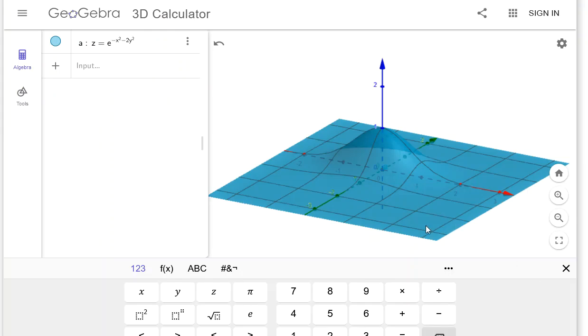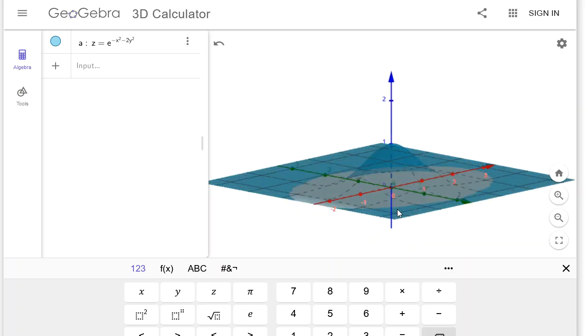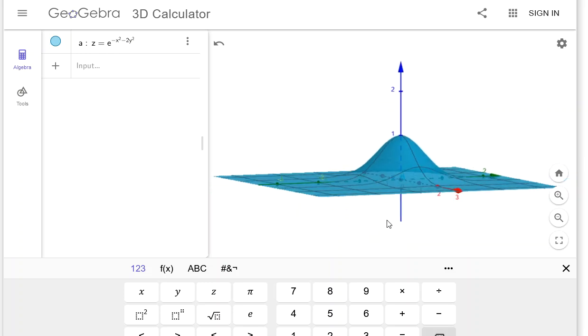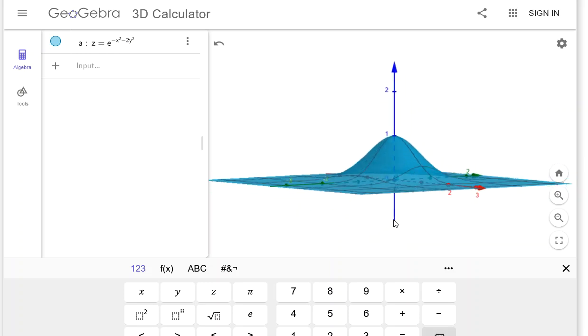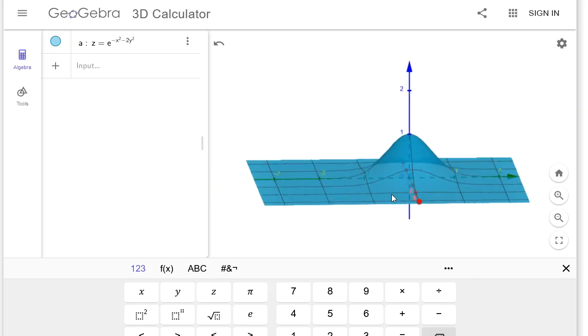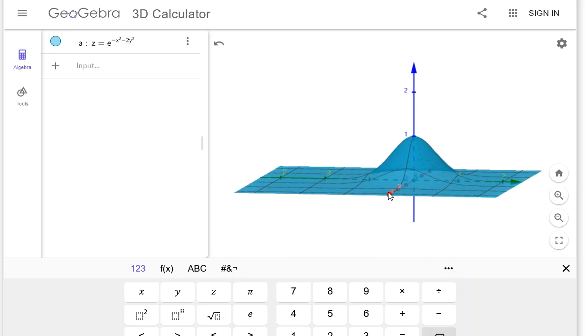There you go. So here's the graph, z equals e to the negative x squared minus 2y squared. So what's happening is we have this mountain sort of like what we expected, but it continues forever. It's not like a half a hemisphere or anything. It comes down and it just gets closer and closer to the xy plane, but never touches it.